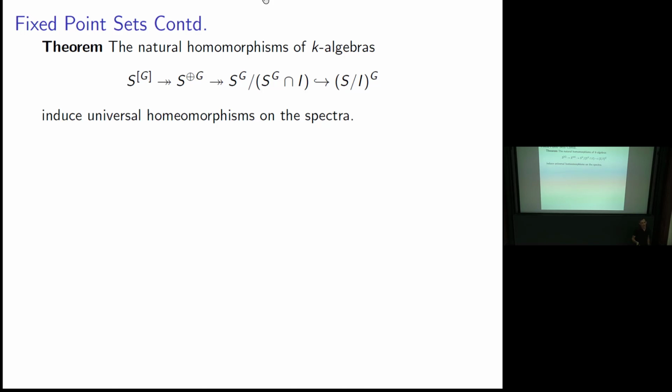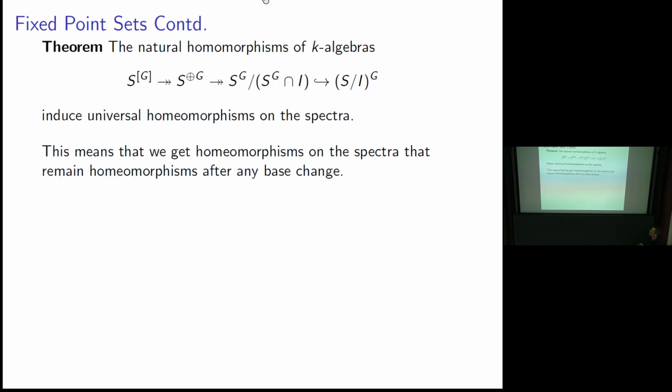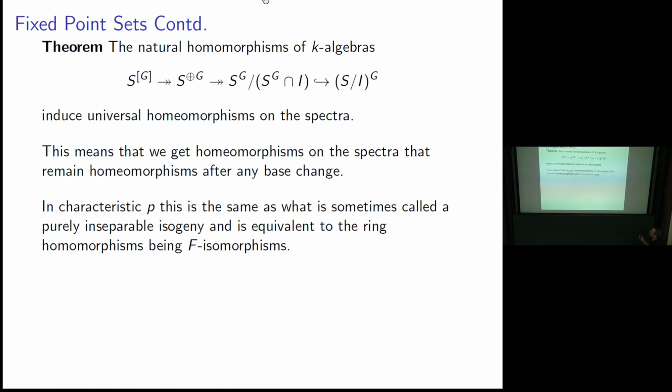I consider it as a subvariety of the original thing, or as the quotient. And you get universal homeomorphisms of spectra. The definition apparently is that they are homeomorphisms that remain homeomorphisms after any base change. But this is what you might be more familiar with as an F-isomorphism, say Quillen's F-isomorphism theorem.